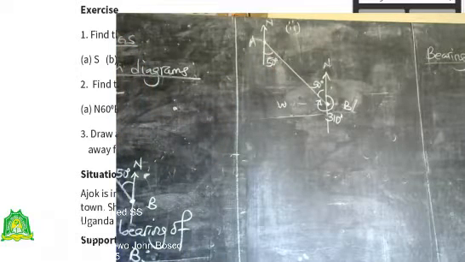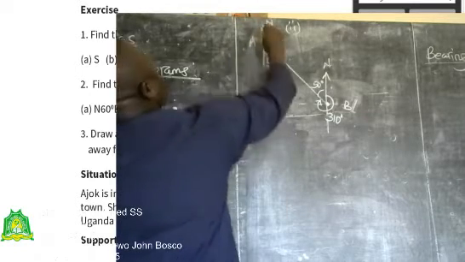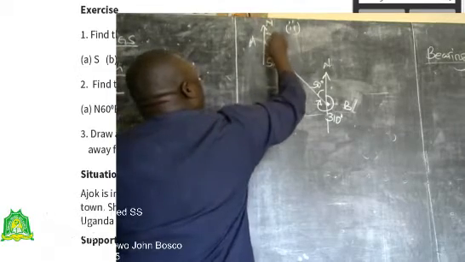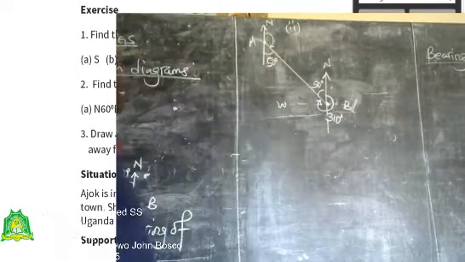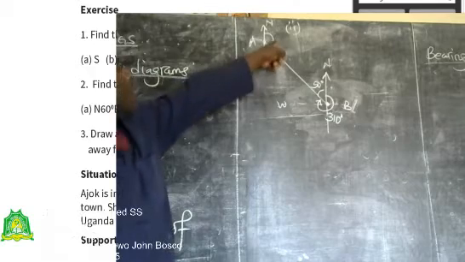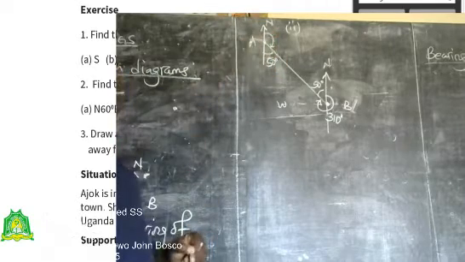If you are going to B, but coming from A, you need to look at this. From a point A, I can face north, and if I turn in a clockwise direction, this angle can be seen.